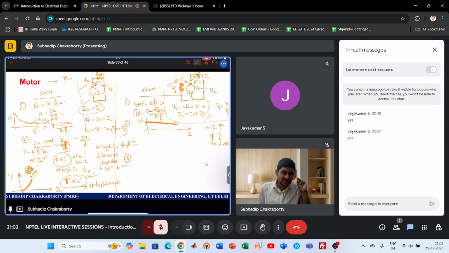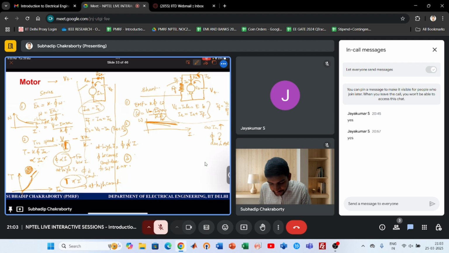Agreed. But also you take into consideration as your IA is increasing, your phi is also trying to slightly reduce. Why? Because of armature reaction. That main flux created by the field is now opposed by the currents flowing through the armature conductors due to the armature reaction, and it is trying to reduce the main flux, which in turn is reducing this K phi denominator, which is slightly trying to increase the speed.